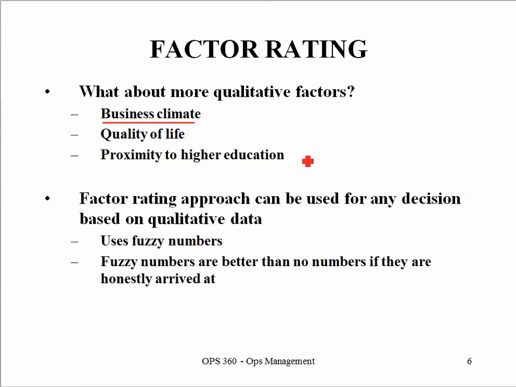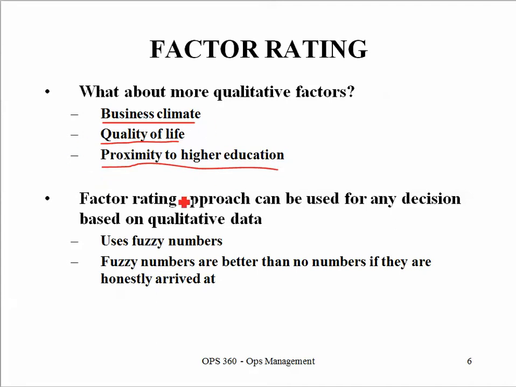Similarly, if we're interested in retaining good workers, we may be concerned about the quality of life in the region or city where we locate our facility. If we need to hire a lot of highly skilled workers, we may want to be located near a university or college.